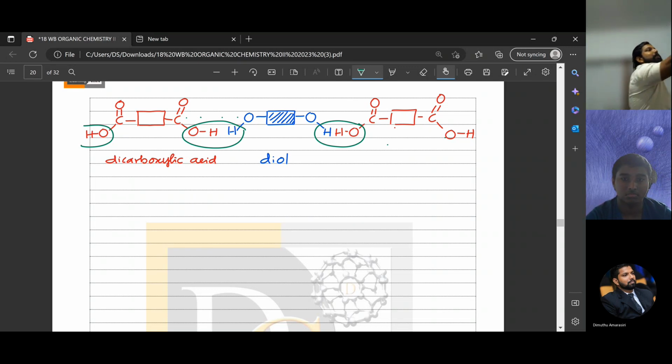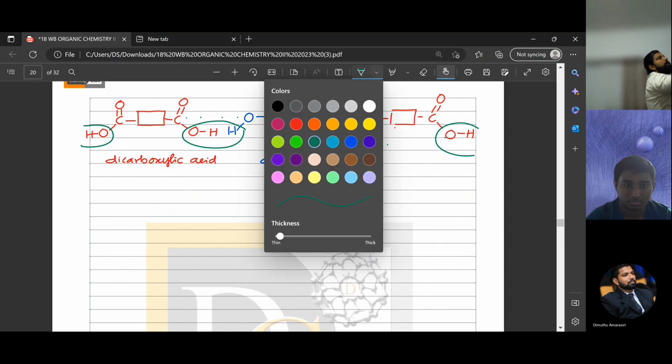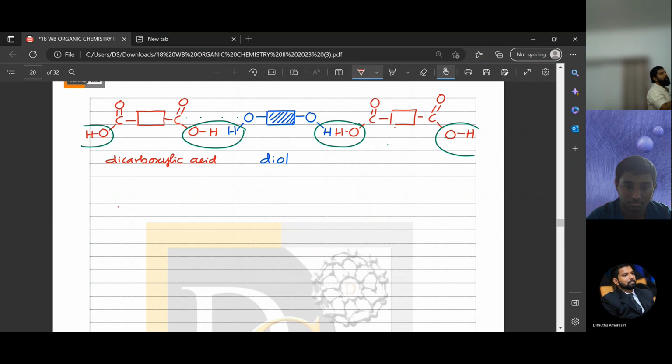Will this stop? No, this will happen again and again and again, but you need to have these two types of monomers. Now let's draw the resultant molecule.